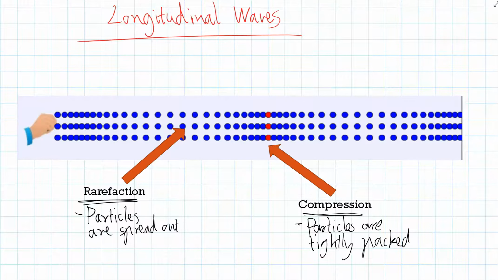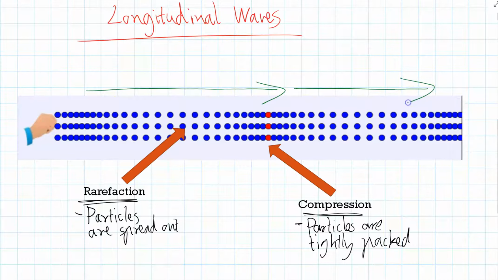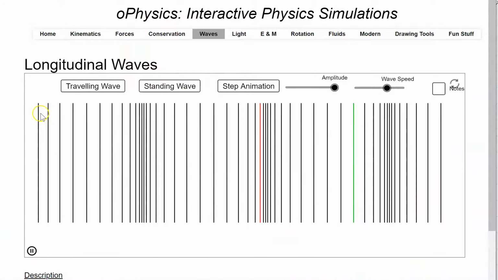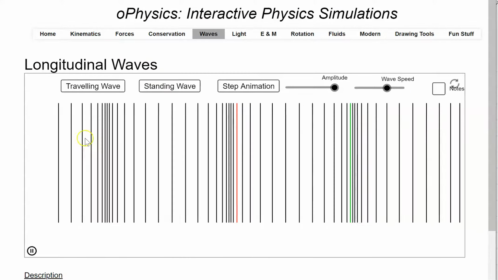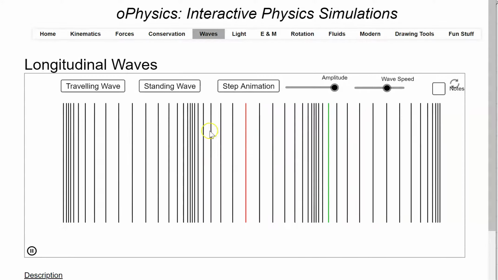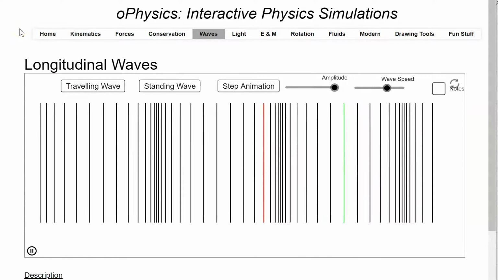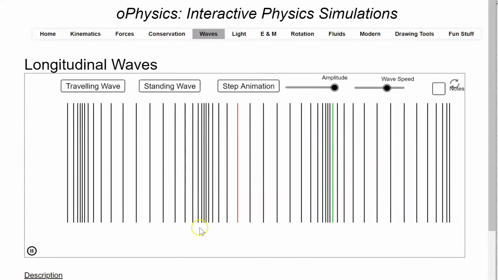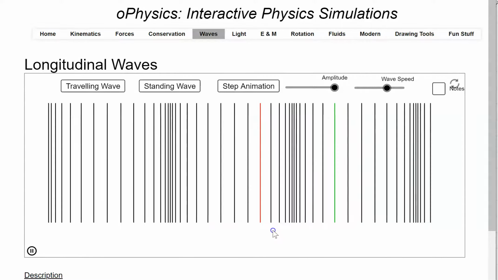And remember that the overall wave is moving forwards in one direction. And it's really hard to picture, so we're going to have a look at a couple of simulations to see it actually in real time. So here we go, we've got a longitudinal wave, and we're using sticks here to represent the particles of air. So you can see each compression, I'm following it here with the mouse, the compression's moving from left to right.